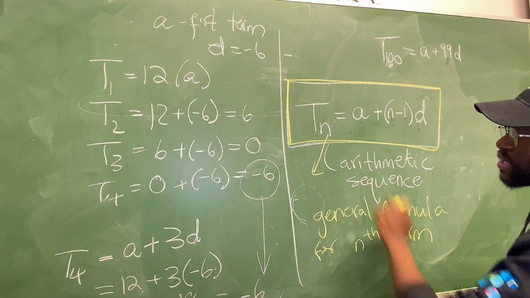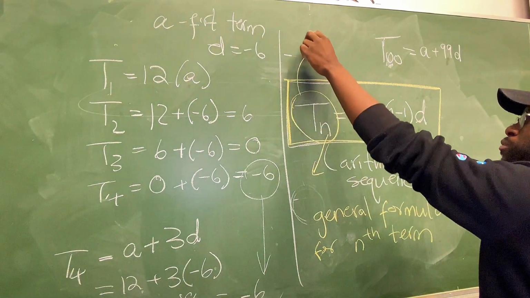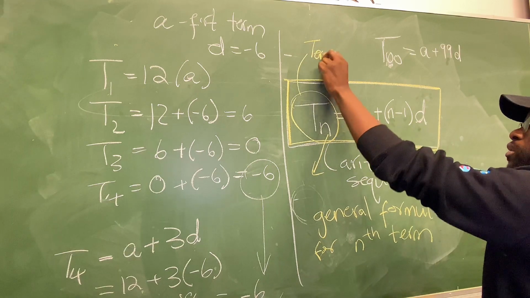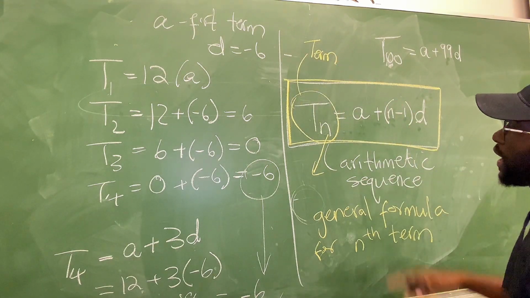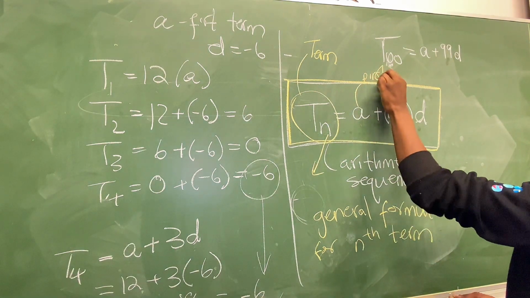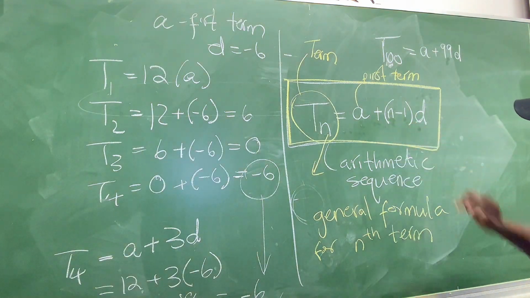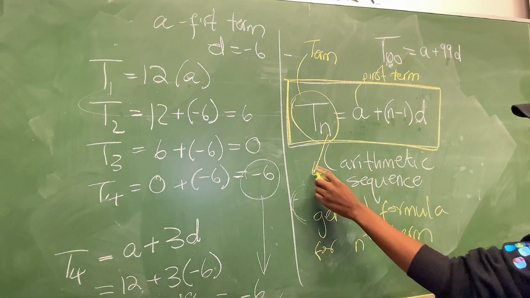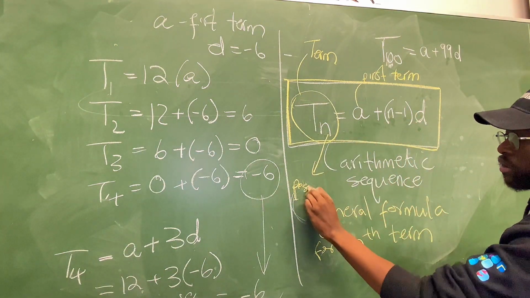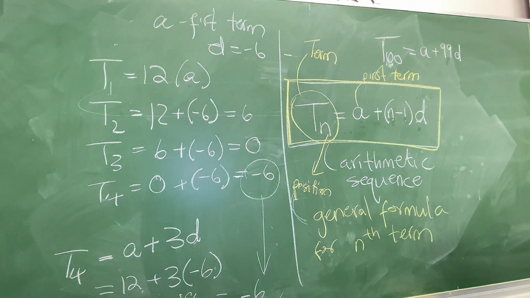Now our n will be the position of the term. Tn will be the value of the term. A is our first term of the sequence. N minus 1 is just taking the position and subtracting 1.